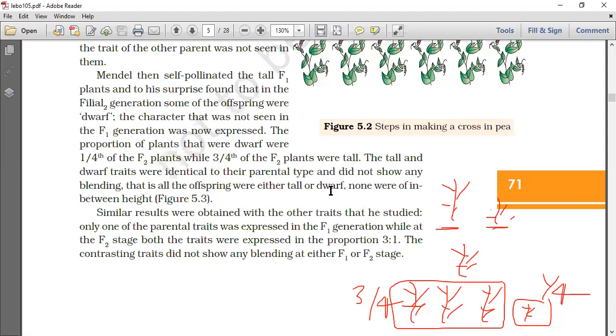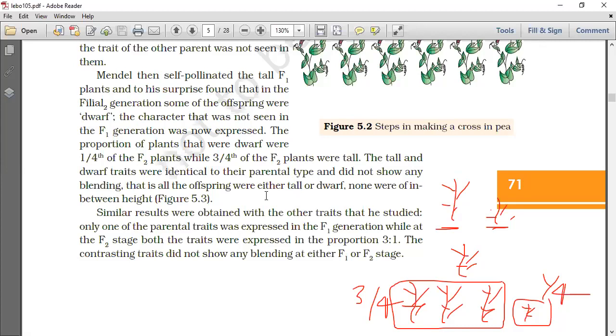Let's continue. The tall and dwarf traits were identical to their parental type and did not show any blending. That is, all the offspring were either tall or dwarf. None were of in-between height; intermediate stages did not appear. That is very important to remember. Similar results were obtained with other traits he studied, like yellow and green, round and wrinkled.